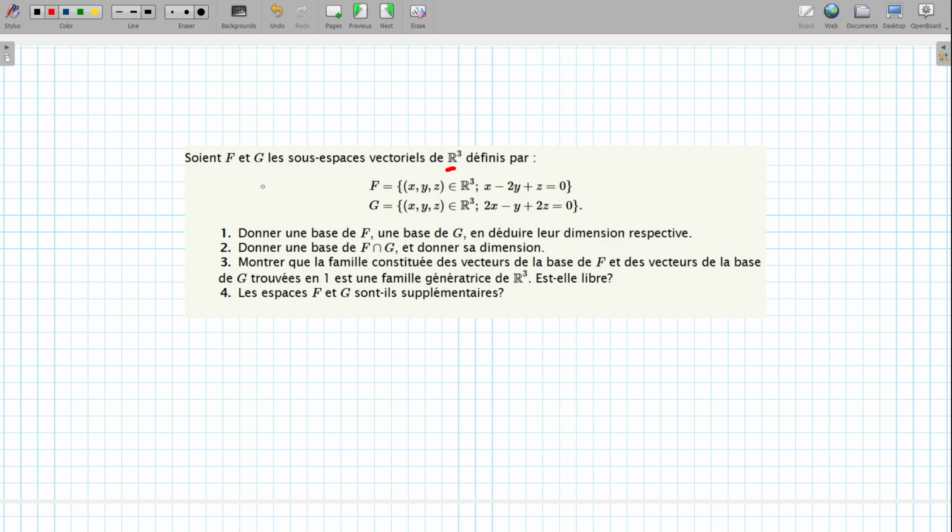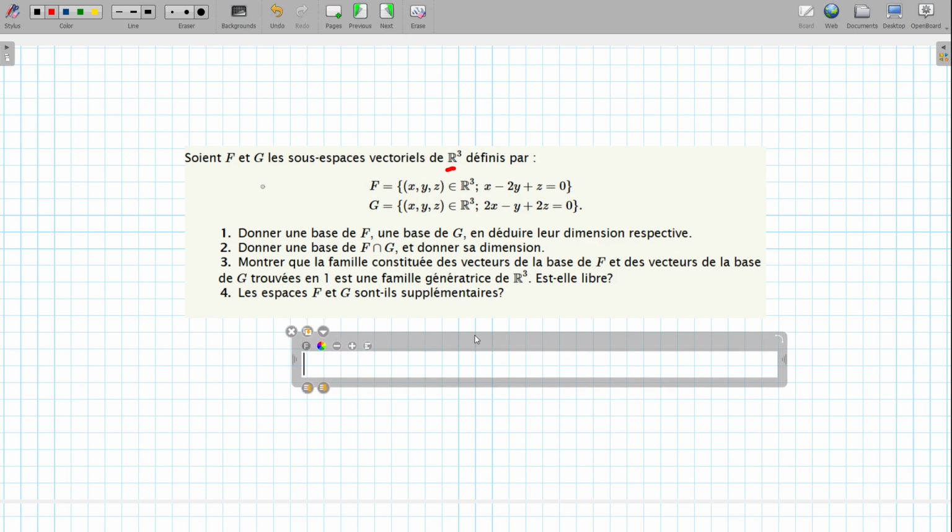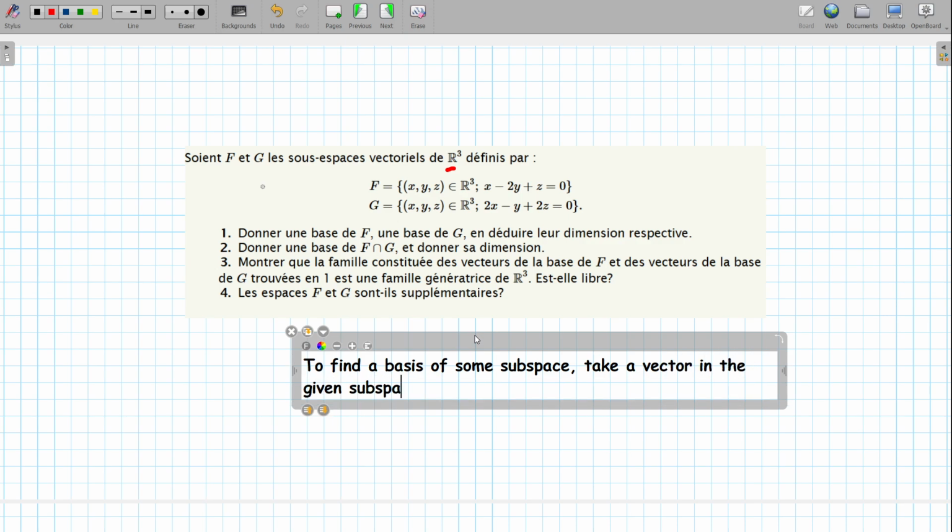So let me just write that as a comment, so that you can see what is happening here. To find a basis of some subspace, all you have to do is to take a vector in the given subspace and find its decomposition.